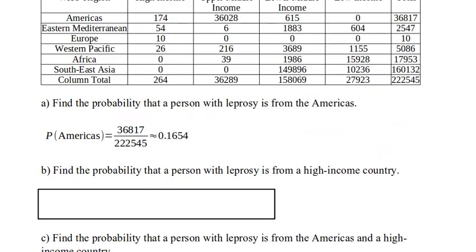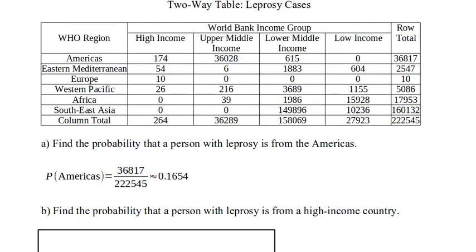The second question asks, find the probability that a person with leprosy is from a high-income country. So again, this is talking about everyone with leprosy. The denominator will be the same. So now we're finding the column total for high-income countries, and that's 264.